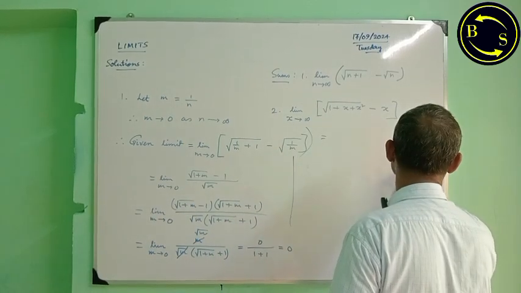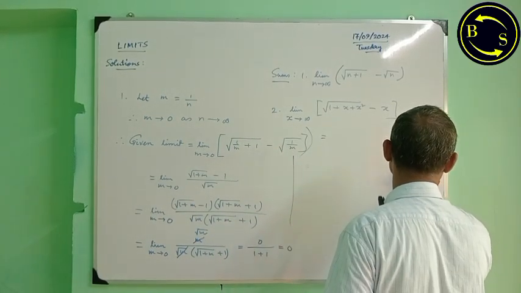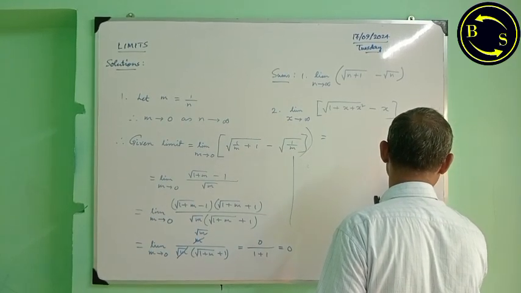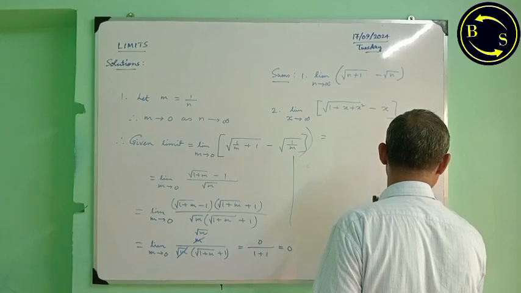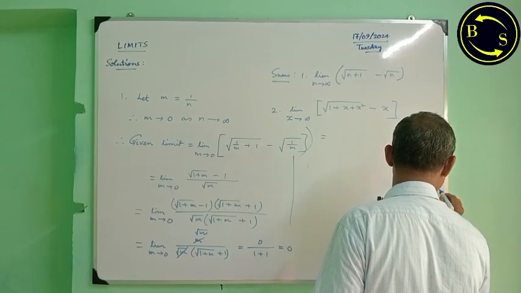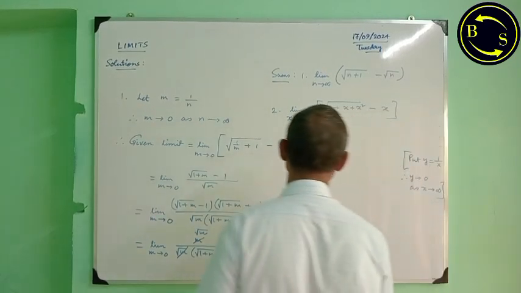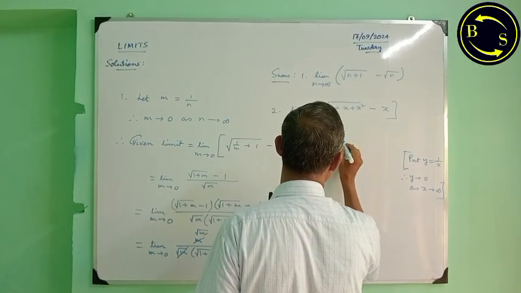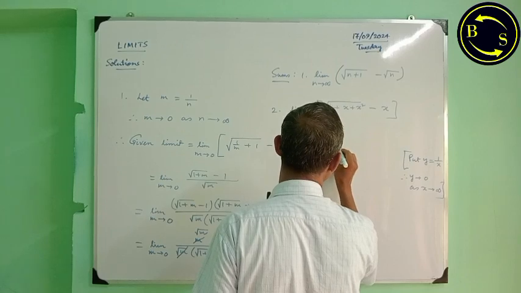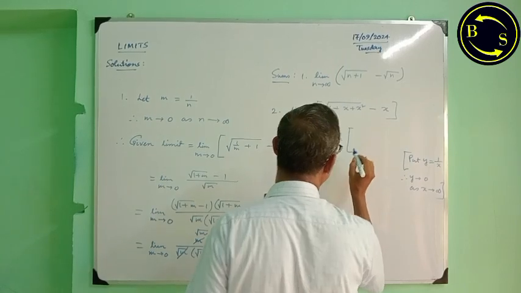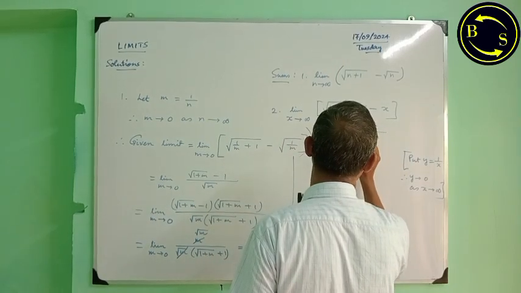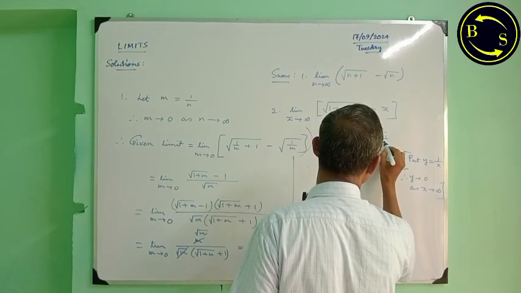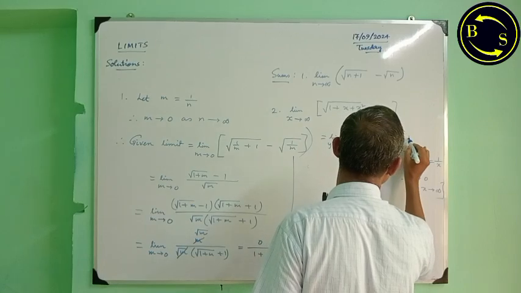Here also we put y equal to 1 by x, therefore y tends to 0 as x tends to infinity. Then it will be limit y tends to 0, root over 1 plus 1 by y plus 1 by y square minus 1 by y.